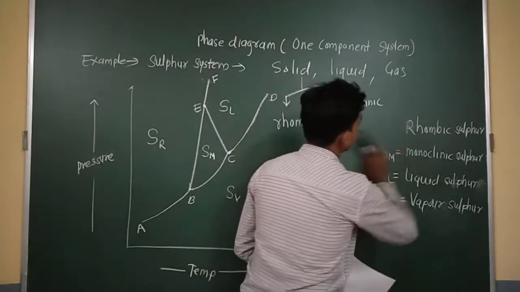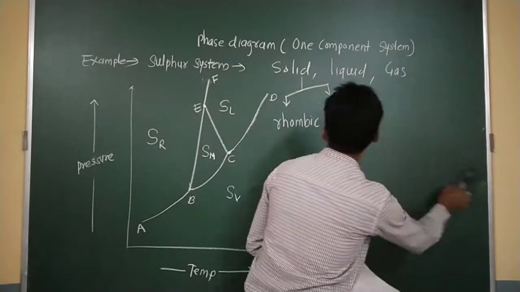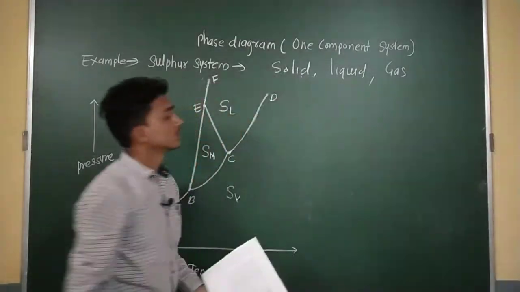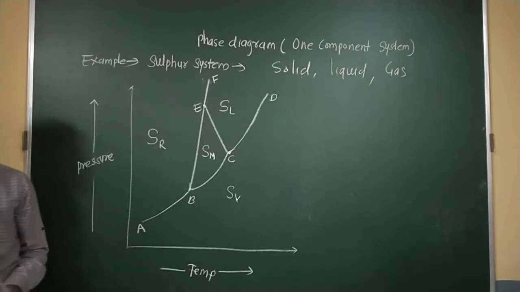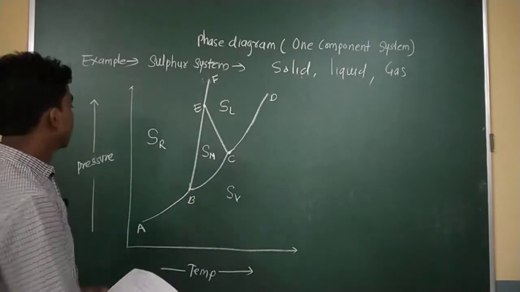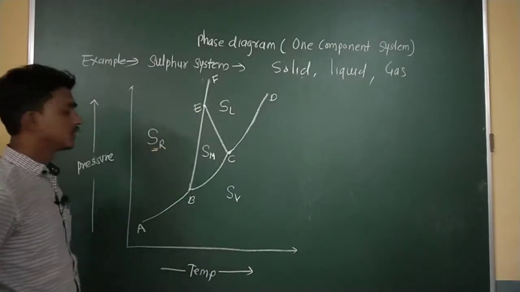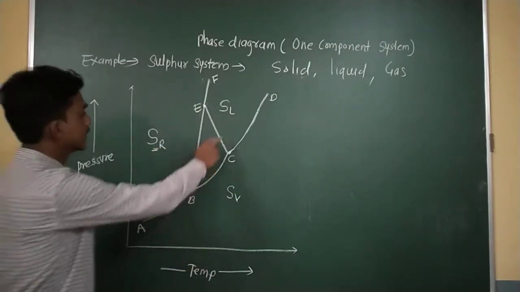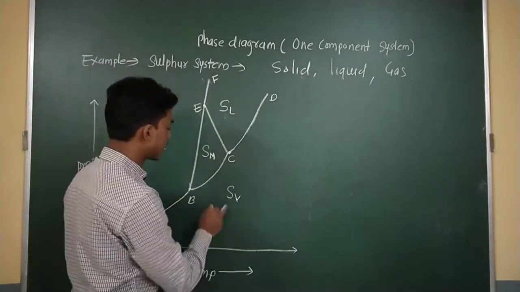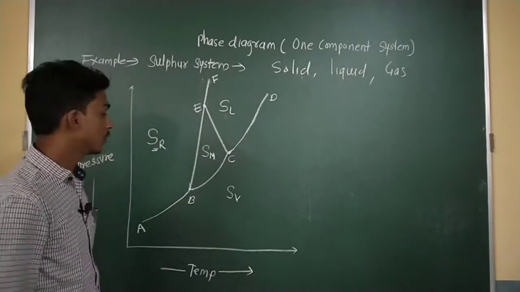I am rubbing this out, as it is not important to you. Now, SR means what? Rhombic sulfur. SL means what? Liquid sulfur. SM means what? Monoclinic sulfur. And SV means what? Vapors of sulfur.